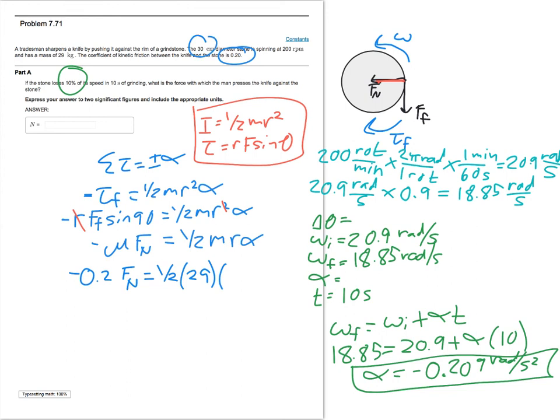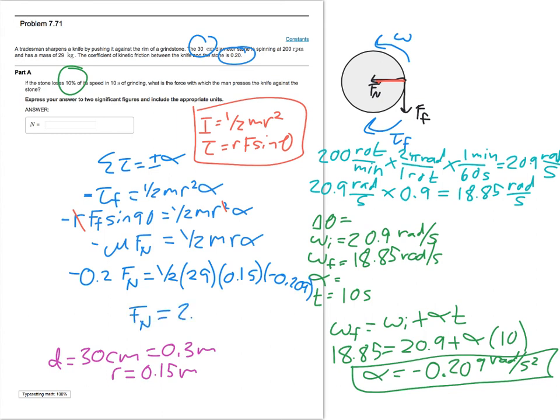I see here my diameter is 0.3 meters, 30 centimeters, and so my radius is going to be 0.15 meters. I can substitute that in, and then times the angular acceleration I just found, which was 0.209. And when I solve all of that, I get that my normal force here is going to be 2.28 newtons, which rounded to 2 sig figs is just going to be 2.3 newtons.